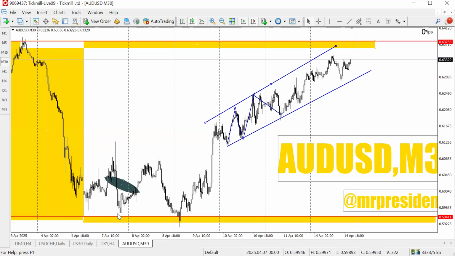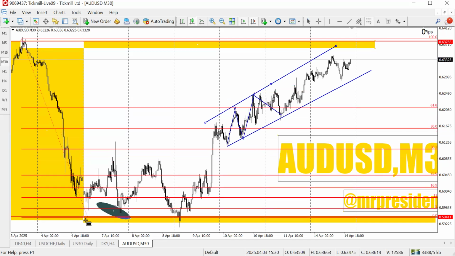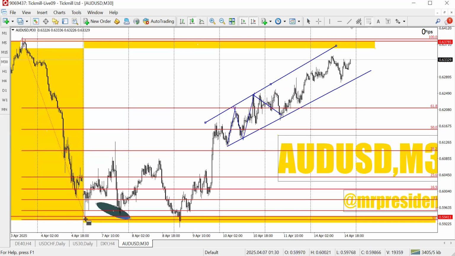Again to the bottom, again moving up. So we want to measure the movement to the upside in terms of percentage. So we look for the Fibonacci tool on the line, and we draw a Fibonacci from the low towards the bottom. So this is the lowest.